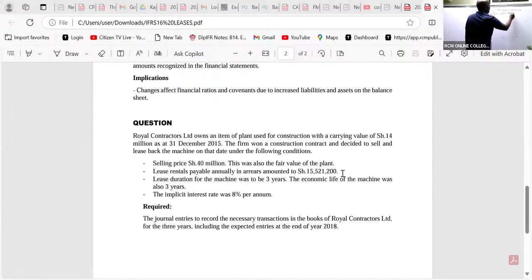And remember, this is per annum. And this lease rental will be paid for how many years? Remember, this is supposed to be a lease for 3 years. So number of years is 3.